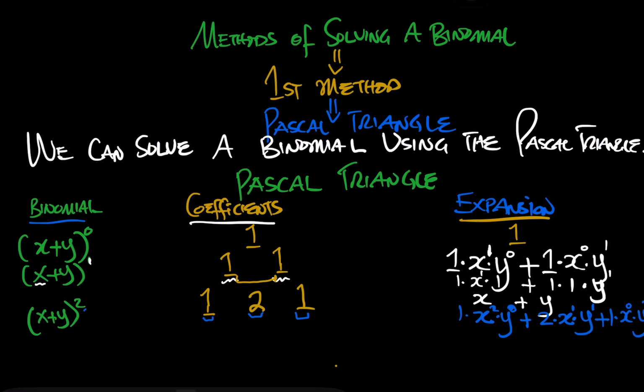And when you look at that, we're going to get x squared + 2xy + y squared, because x to the power 0 is 1.